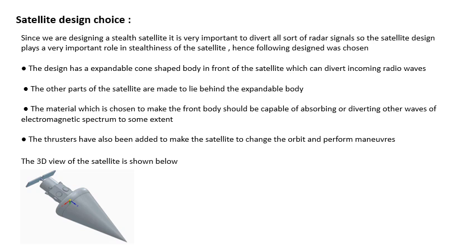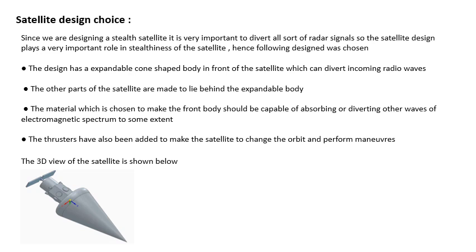The material which is going to be placed at the top part of the satellite, that is the cone, should be capable of absorbing and diverting all kinds of electromagnetic radio waves. Also, there are small thrusters which have been added to the hexagonal part of the satellite to help the satellite change the orbit and perform maneuvers.